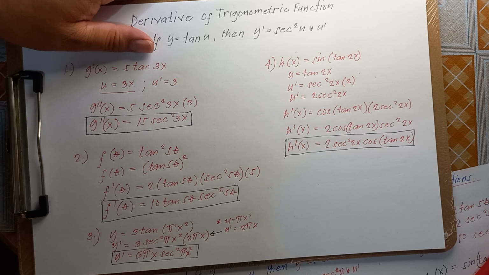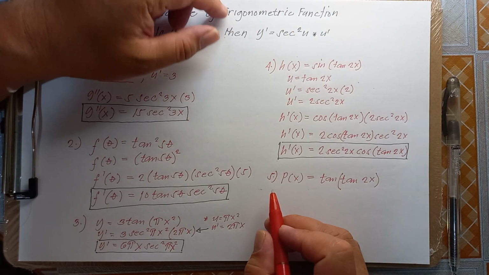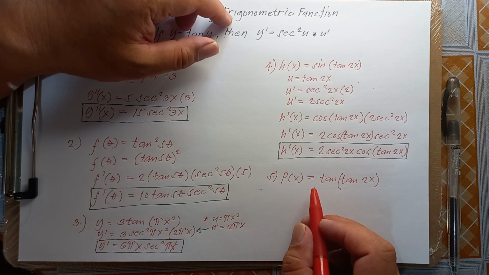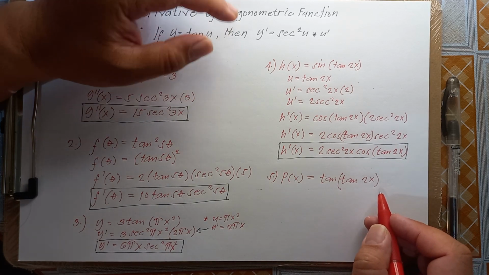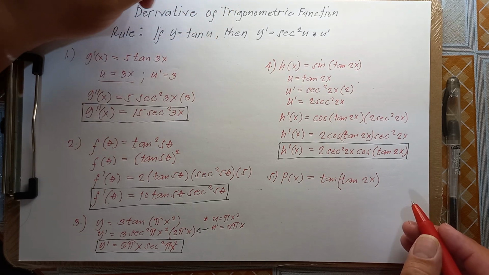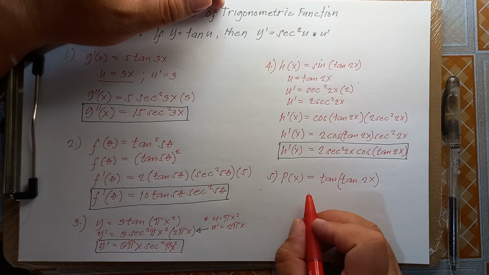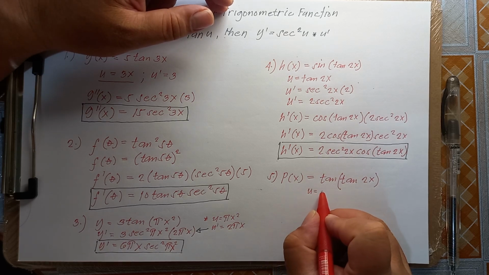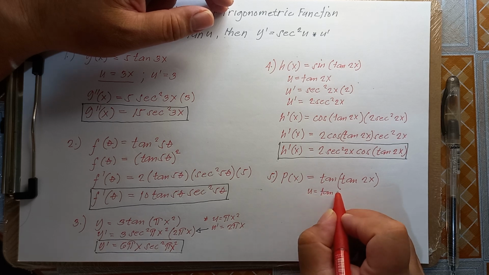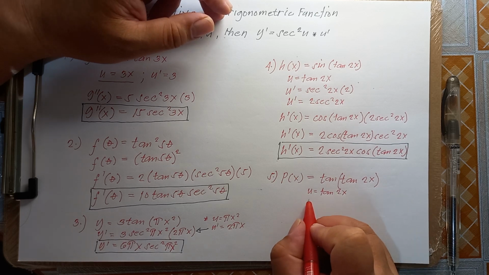Okay, the next one is number 5. P of x is defined by tangent of tangent 2x. How are we going to get the derivative of this? The same rule: we have to identify what u is. Our u here is tangent 2x. After that, we get its derivative.